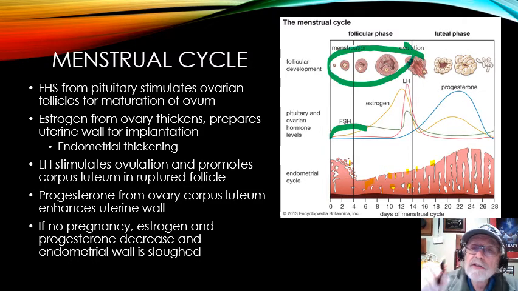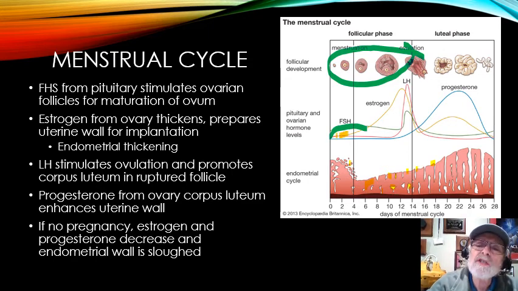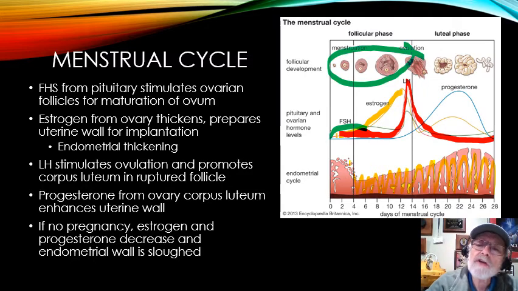That starts off, and that's from the anterior lobe of the pituitary. What happens then is the estrogen starts to increase as a response, and that increases the thickness of the wall of the uterus, makes it thicker and thicker. And then we have the LH surge coming from the pituitary, and that causes ovulation.